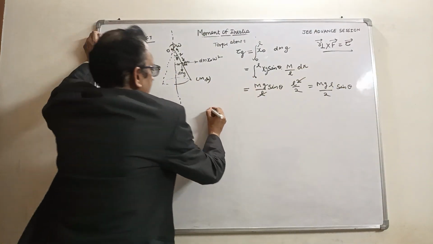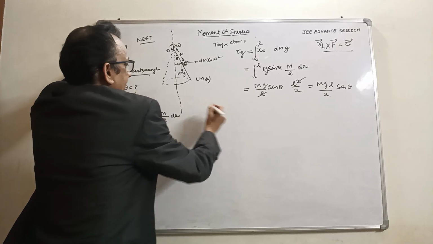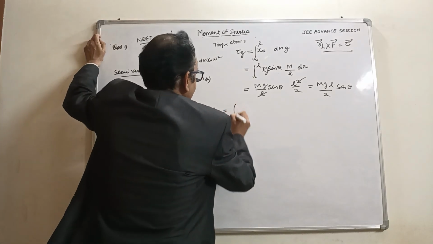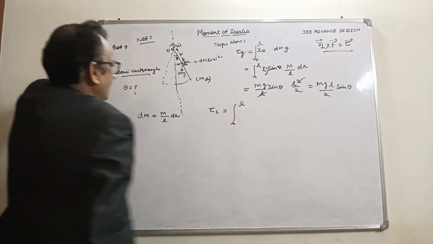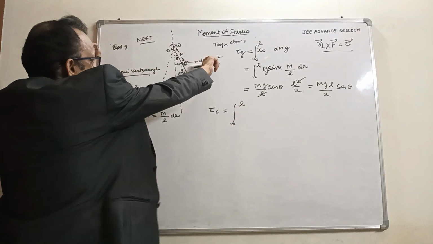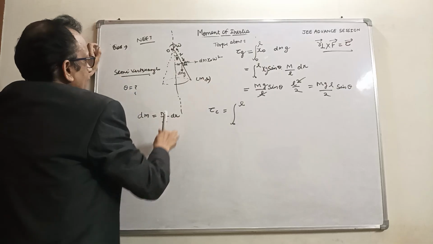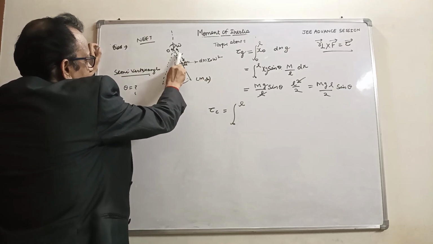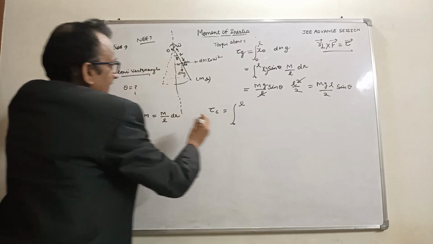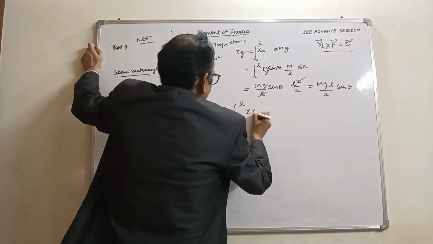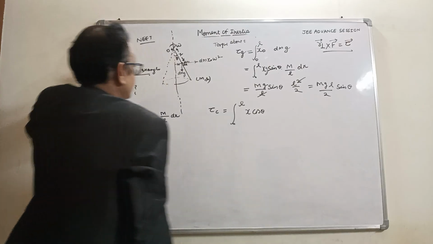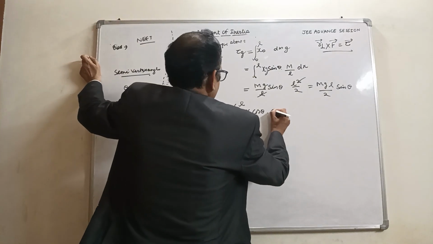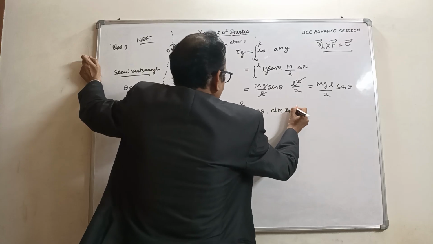So we find the torque by the centrifugal force. This is the centrifugal force. So this would be 0 to x, and the centrifugal force is acting in this direction. So the perpendicular distance would be x cos theta, and dm x naught omega square.